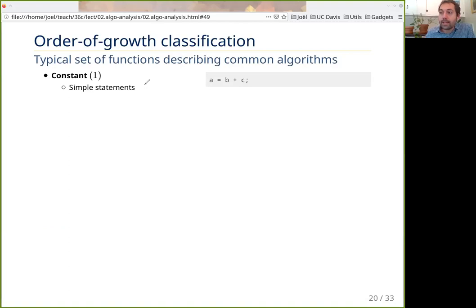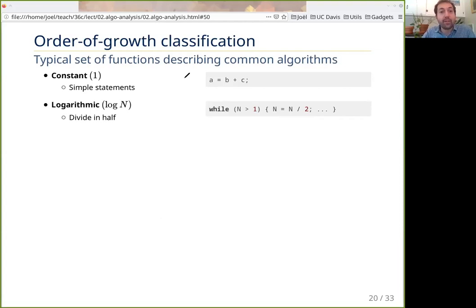If we have an algorithm that's essentially just a sequence of simple statements, and it does not depend at all on the size of the input, say an input of size 10,000 versus an input size of 100,000, but the algorithm doesn't take that size into account, and it's just a succession of m successive statements, then it's just constant.